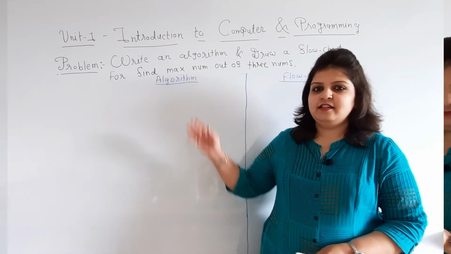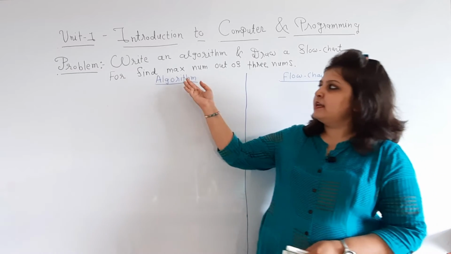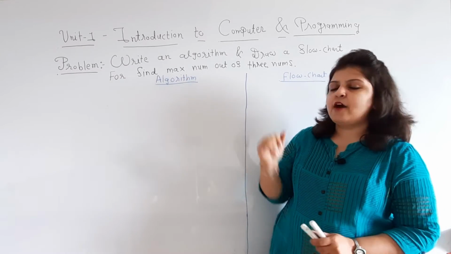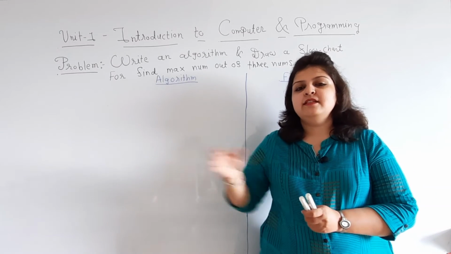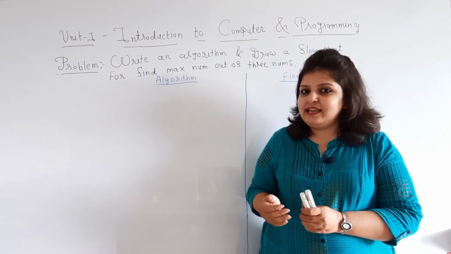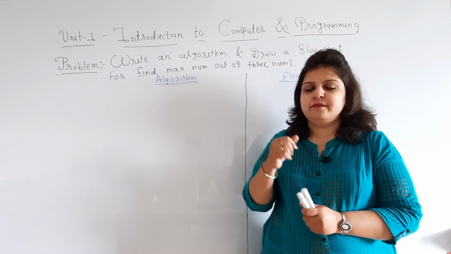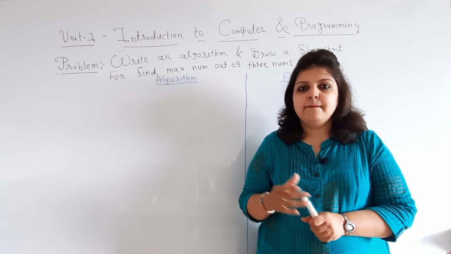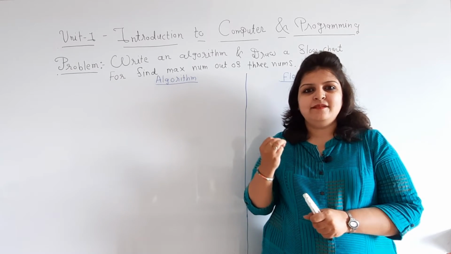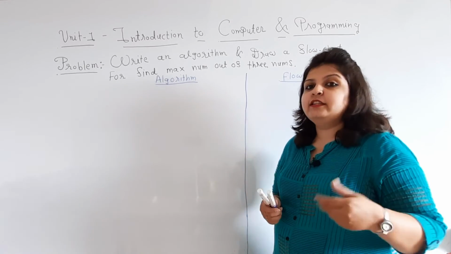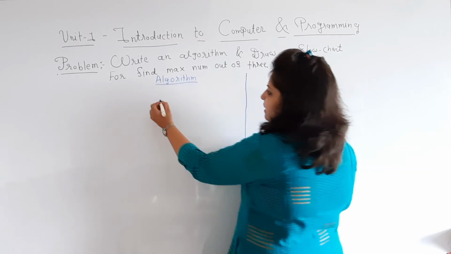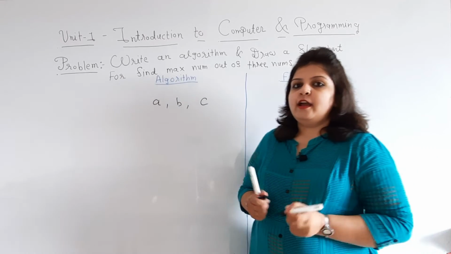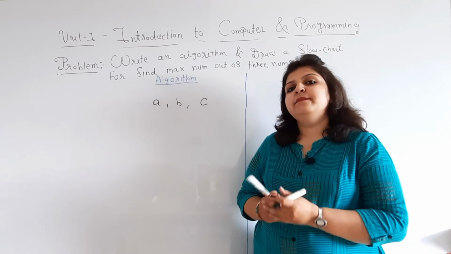So let's see one more example of this same type of problem. Let's see another example: write an algorithm and draw a flow chart to find the maximum number out of 3 numbers. In the previous example we did the same process but for 2 numbers, and in this example we have to find the maximum number out of 3 numbers, meaning we have a total of 3 inputs, A, B and C, and here we have to use multiple conditions.